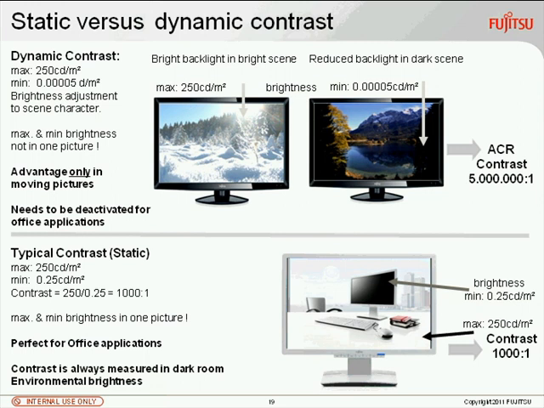Maximum cannot be higher than maximum brightness, 250 candela in this example. If now you have a very dark scene in your movie, it reduces the backlight, and you measure the darkest point in the darkest scene you can imagine, and so you can reach a very low value.